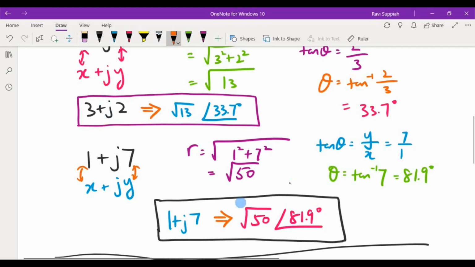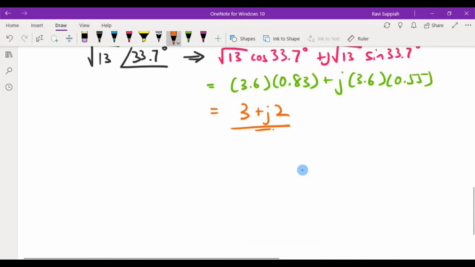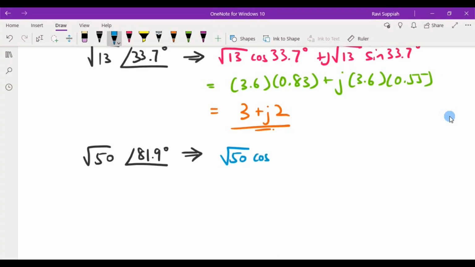Let's do it for the second number just for practice. The second number is square root of 50 angle 81.9 degrees, and now we're going to convert that number from its polar form to its rectangular form. The formula says it will be r cosine theta plus j r sine theta.